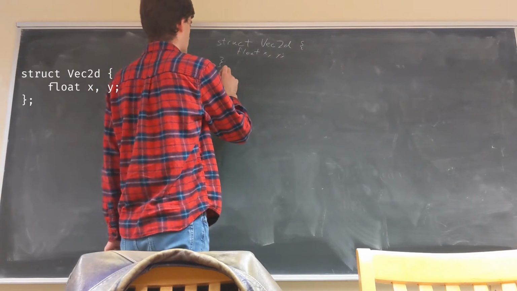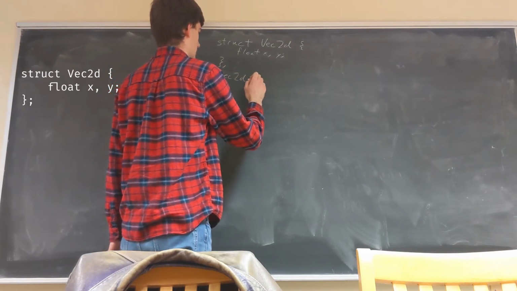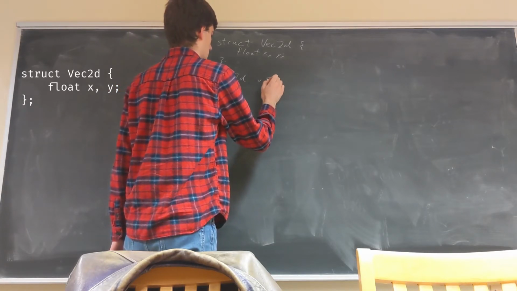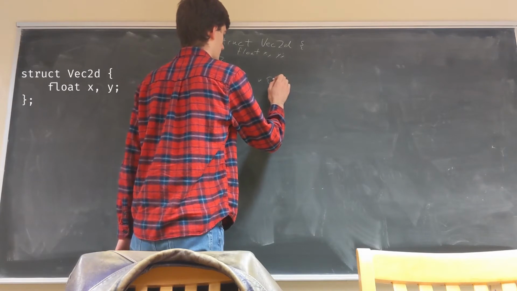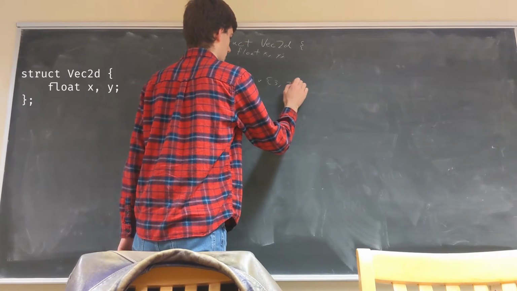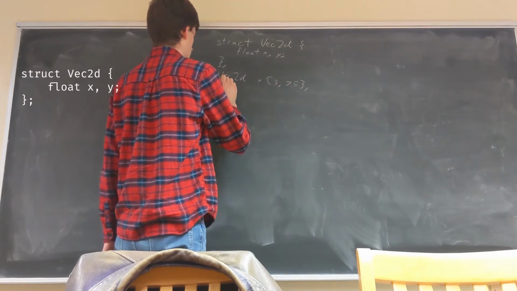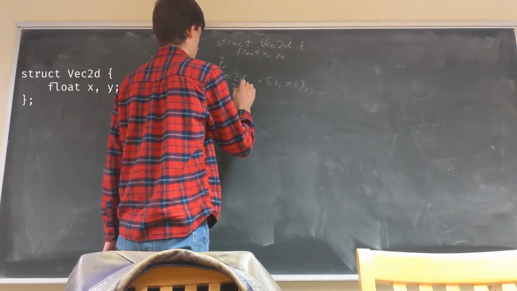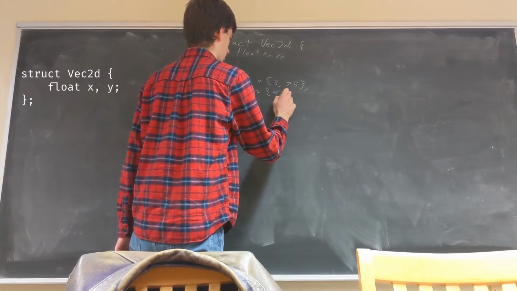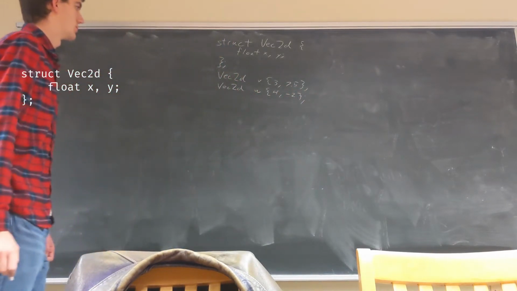So we can actually initialize an instance of this. Let's call it v, say 3, 7.5, and I'm going to make another one called w. That's 4, -2. I don't know, arbitrary numbers.